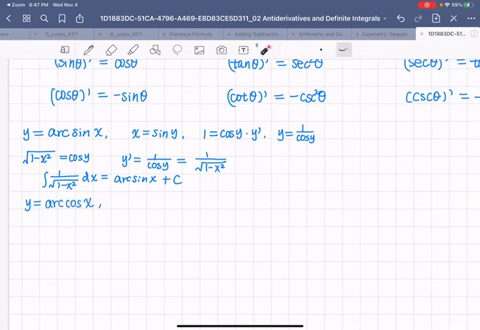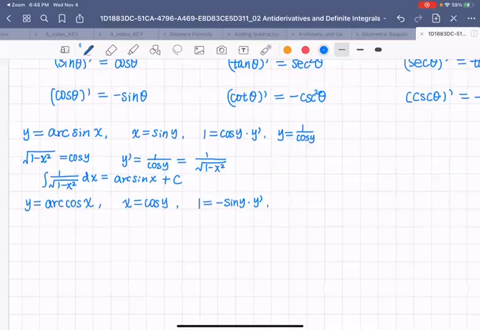We do the same way, using the implicit method. We change it to x equals cosine y. Left side derivative is 1, right side is negative sine y times y prime, right?